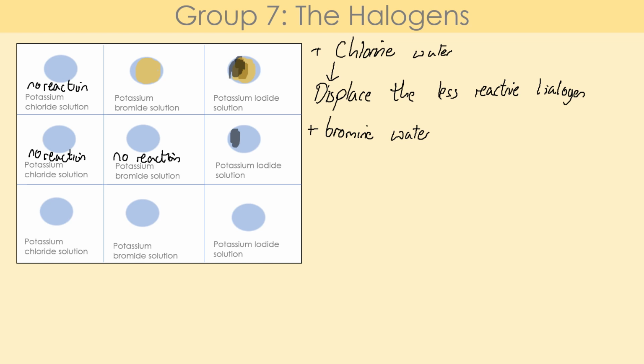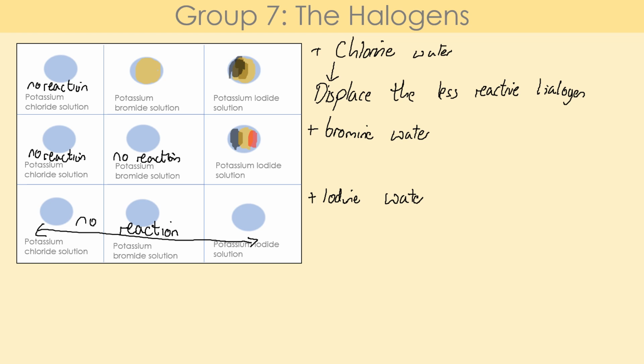I get sort of this blacky, browny, reddy colour. I'll try and add them all in together. So we do get a reaction. And my last one, I'm going to add iodine water. And what I see across all of them this time is no reaction.